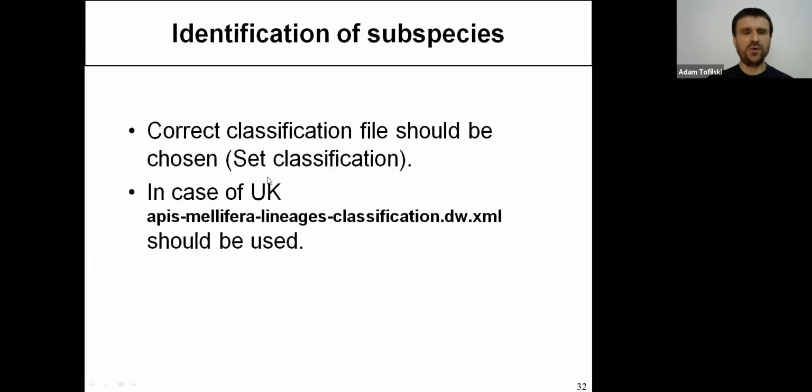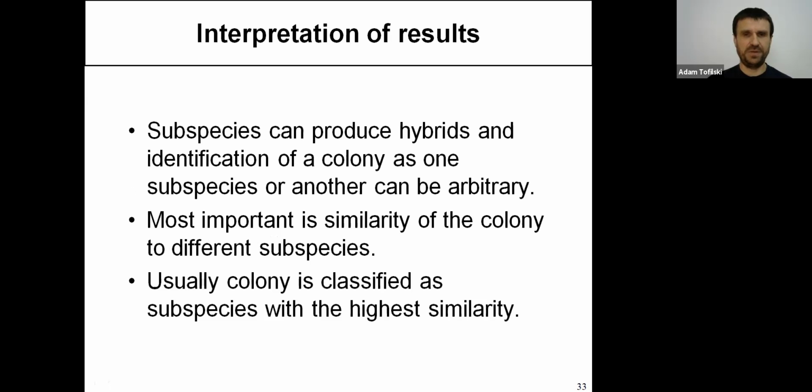In the software, you will use a set classification, and in the case of the UK, you should use the Apis mellifera lineages classification. There are also subspecies, but in the case of the United Kingdom, or mellifera in general, you should use these lineages, because with subspecies, the interpretation of results will be more difficult.